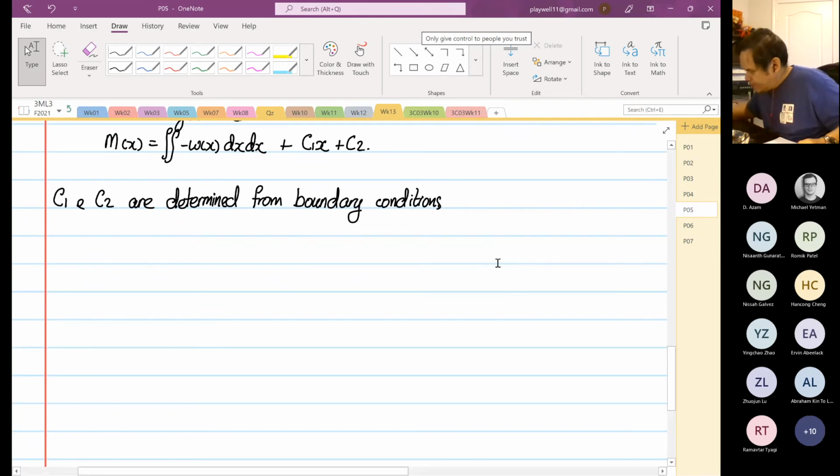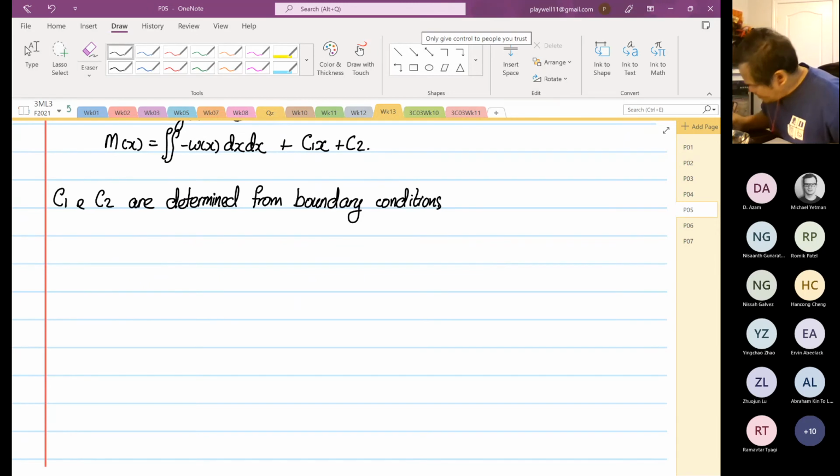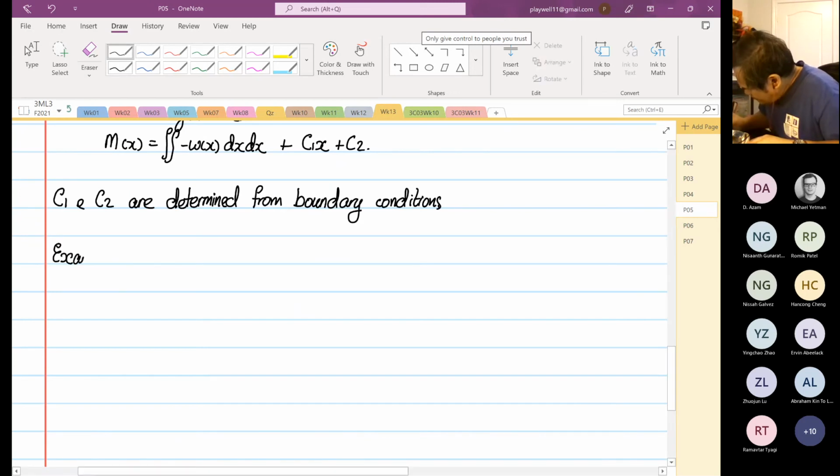So now we're going to have a cantilever beam. Example number 2. I think some of you might fall in love with this technique, but you have to be careful. Mathematically, you have to be very strong. And most of you have good grades for your math when you come to this class. I know that.